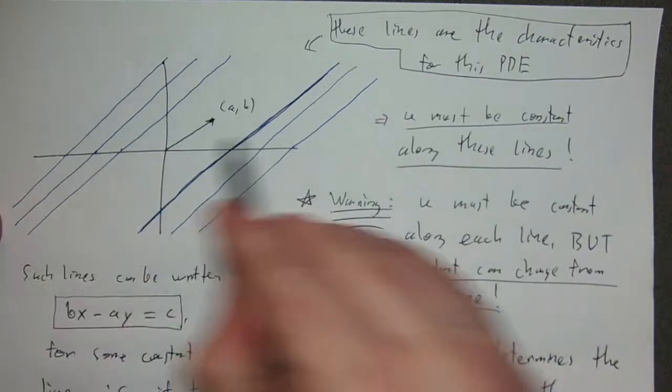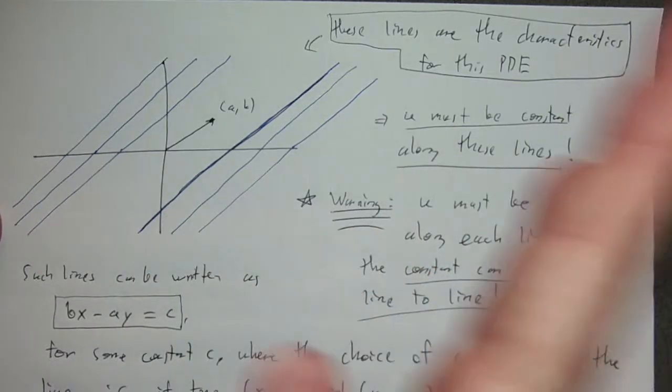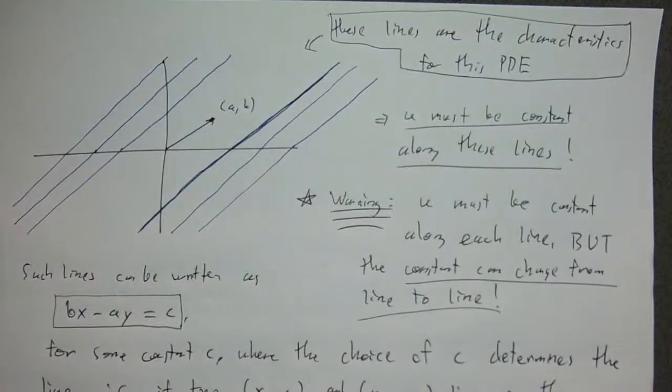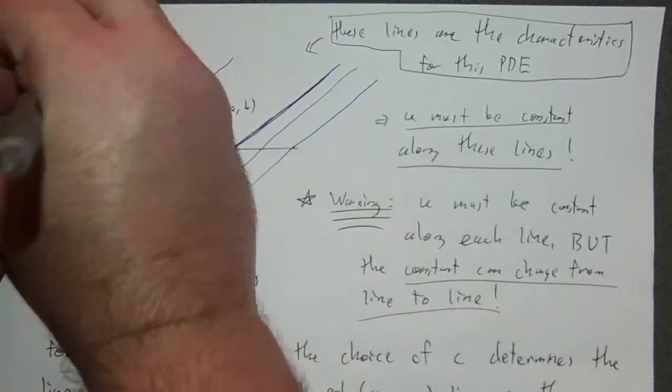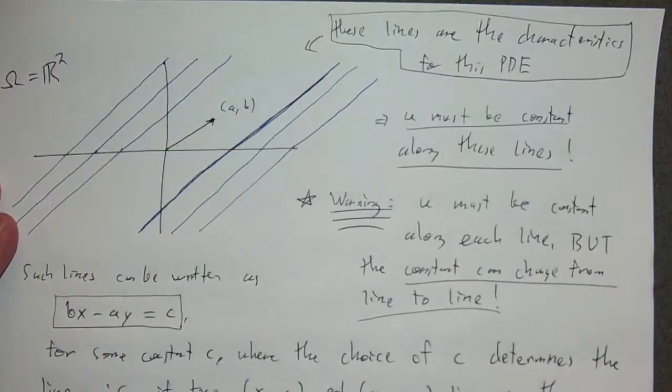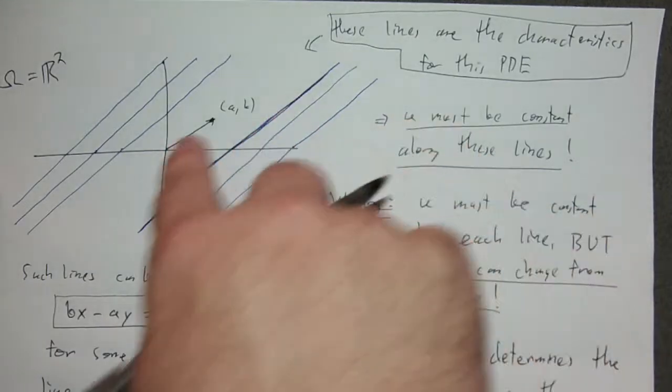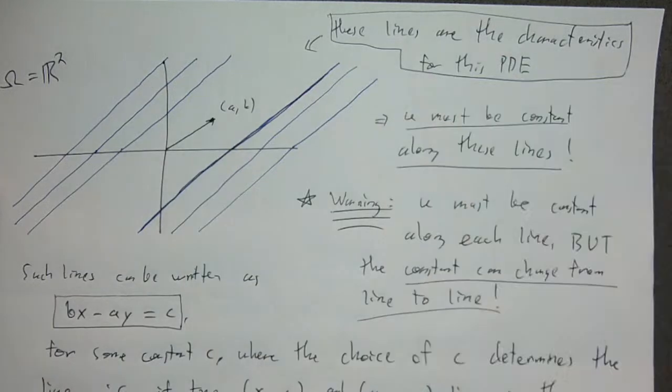There are infinitely many of these lines, of course, and these lines fill out all of omega, which here is all of R2. So these lines fill out all of R2. They're necessarily non-intersecting. Through any point, there is a unique such line that passes through that point. This is like planar geometry, if you like, that there's a unique line between two points.